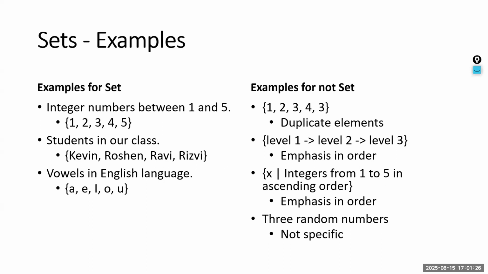So how can it be a set? But if I ask for vowels in English, if you know the English language, everyone will give me the same answer. That is what is meant by very specific. Right. So now you know very seriously, as an advanced level student, what a set is, not as an ordinary level student.